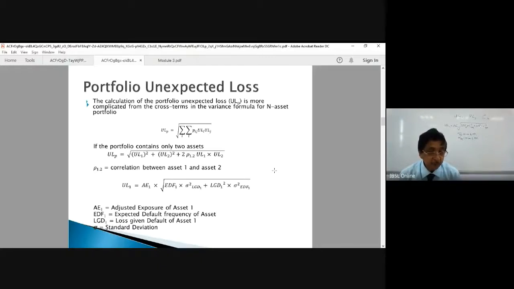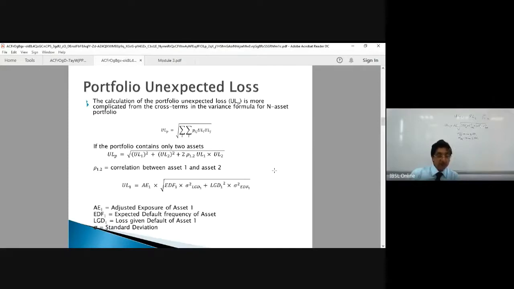Therefore, in this formula, it is taken into consideration the variance of LGD1 and variance of EDF1, in addition to EDF1 and LGD1. So that is what you need to understand. And this is UL1.